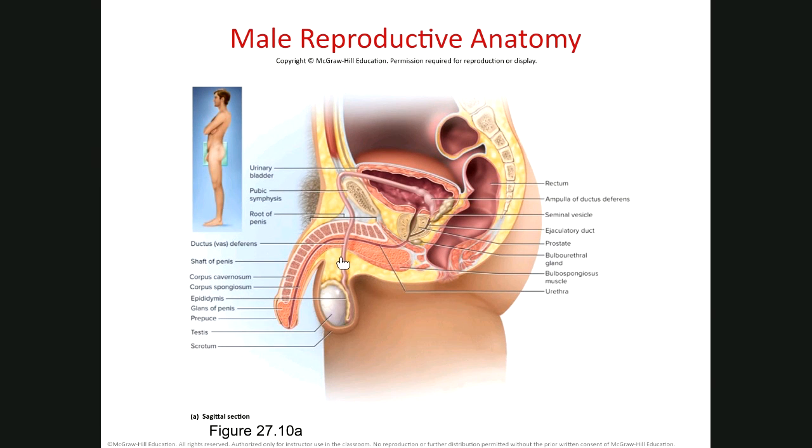And the most convenient part to do that would be in this area here, where you can approach the vas deferens. You don't want to approach it in this area where you have to go through all these organs. This is really conducive right here, and a little bit on the posterolateral.